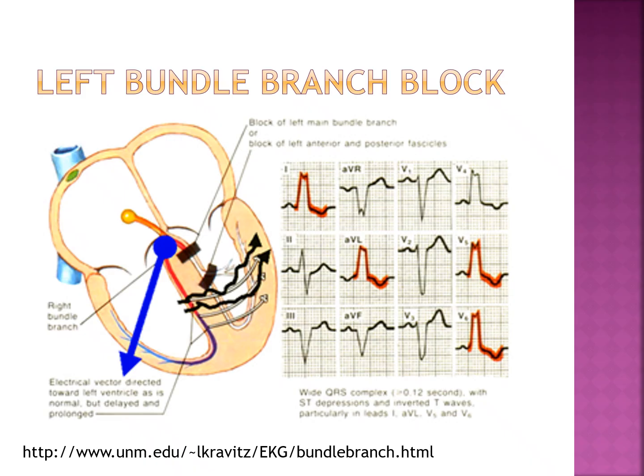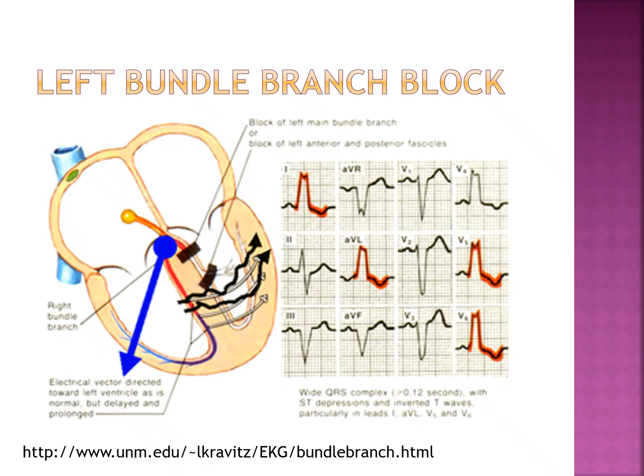Look at 1, AVL, V5, and V6. Now I just generally look at 1 and V6 because they should look very much alike. And actually it looks alike all the way through your lateral leads. So notice how wide that QRS complex is compared to what it looked like in a right bundle branch block. So I look first at V1.